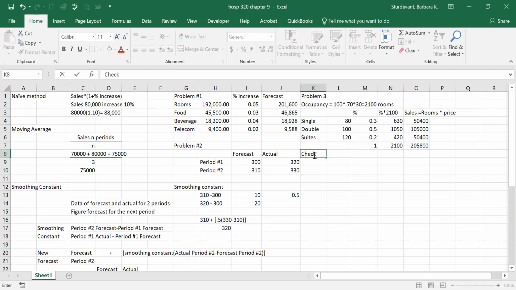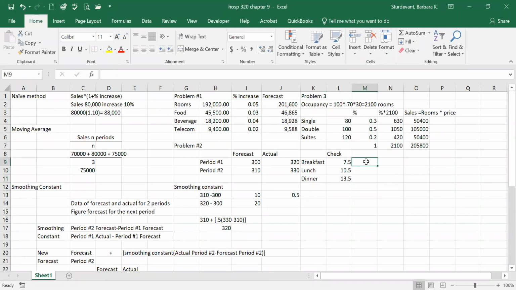So let's get our checks in here. So we have breakfast and lunch and dinner. And the price for breakfast was $7.50. Lunch was $10.50. And dinner was $13.50. And then we had our turnover.